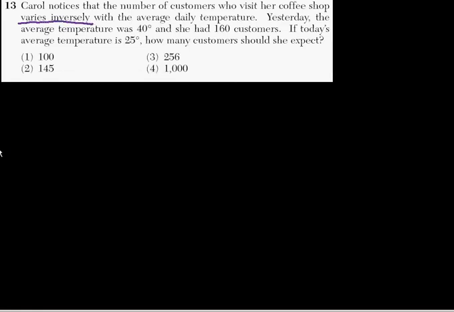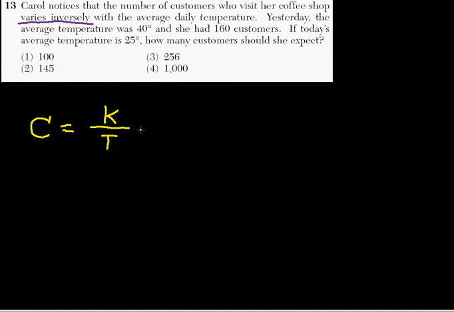So the setup here is that we're going to have customers, the letter C, equals something over the temperature, because varies inversely means customers equals something divided by the other thing, and that other thing is temperature. And we always have a constant. This is the constant, and they usually use the letter K, because I guess mathematicians can't spell. So customers equals some constant over the temperature.